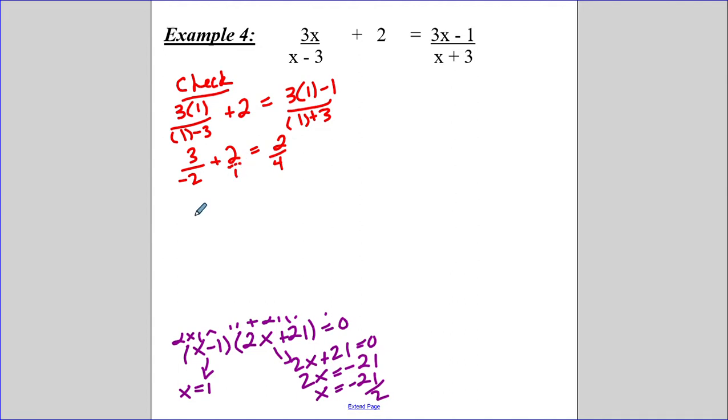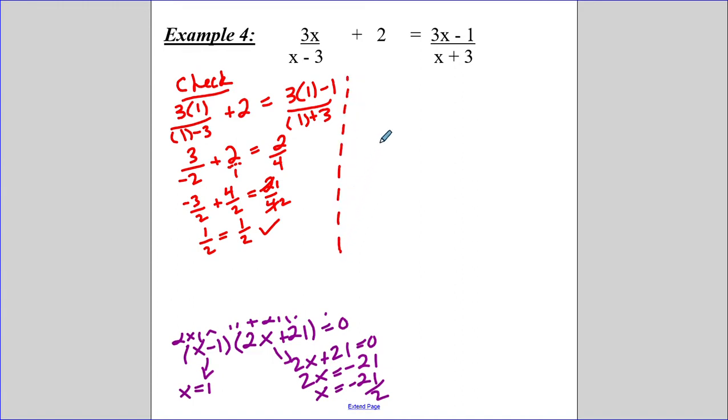So really, this is saying negative 3 over 2 plus 4 over 2, does that equal 2 over 4? Really, 2 over 4, I can see right away, is going to reduce down to 1/2. So 4 minus 3 is 1. Combine with a like denominator, 1/2 equals 1/2, and I can see that 1 works.